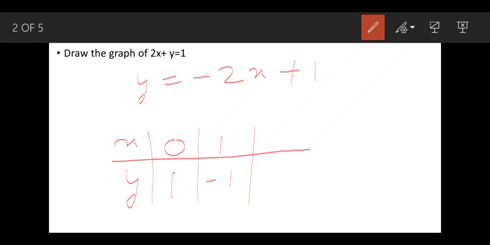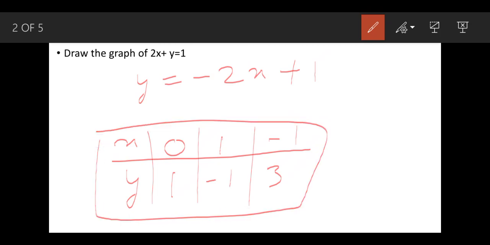Similarly, we can take one more value. Let us take minus 1. So minus 1 into minus 2 will be plus 2, then plus 1 will be 3. In this way, we have to find three values.